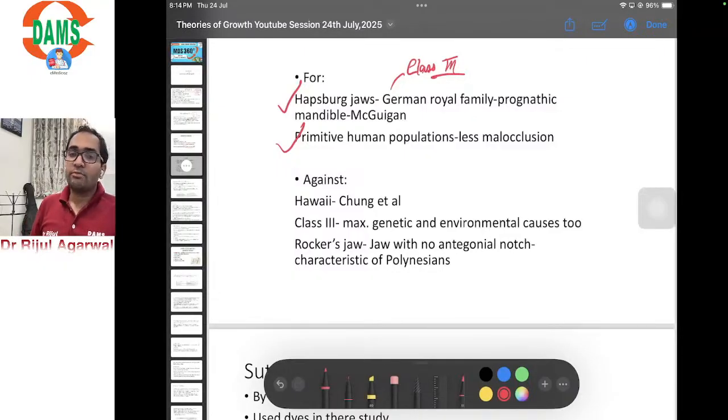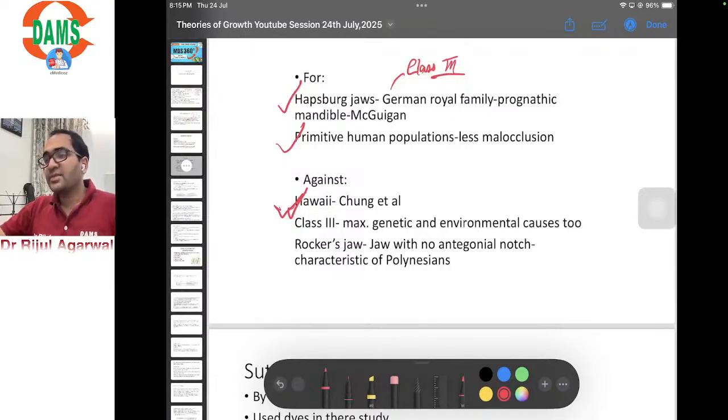The first one was the experiment done in Hawaii by Chung et al. A very landmark study. Okay, so what is Hawaii? Hawaii is a group of islands located in the United States. So according to this theory, when a group of people live on an island, they are typically isolated, so there should be less prevalence of malocclusion according to this genetic theory, because they were relatively isolated from the outside population.